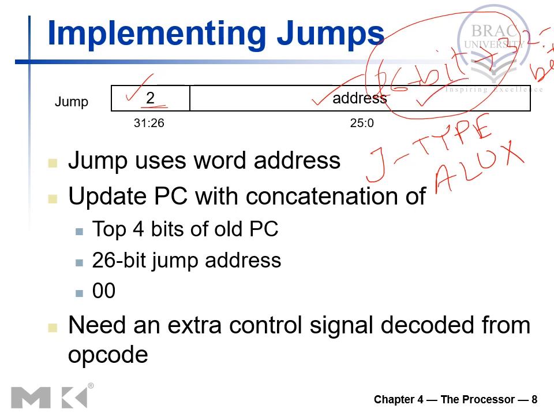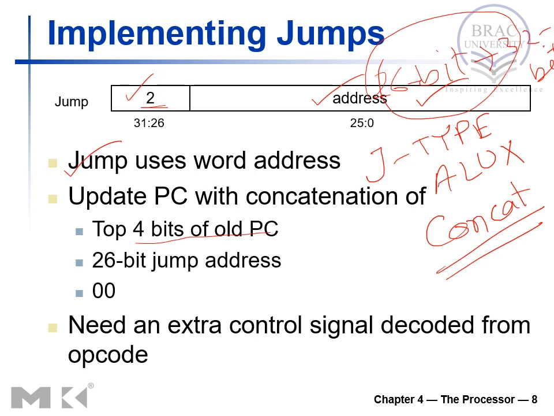We need to perform a concatenation operation that would give us a 32-bit memory address. Now, how can we do that? Jump uses word address. That means our 32-bit address updates the program counter with concatenation of the top 4 bits of the old program counter value.